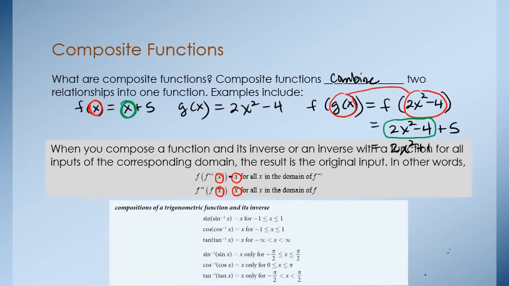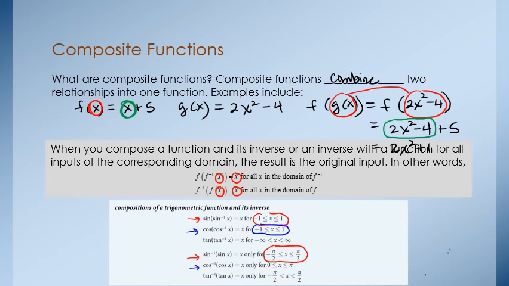So for trigonometric functions, if you have sine of sine inverse of x, we can still expect x. Of course, we are on a limited input. And if we reverse that and do sine inverse of sine of x, we are on a limited input as well. You can go through this list for the rest of them. For cosine, cosine of cosine inverse of x will be x for our input of -1 to 1.